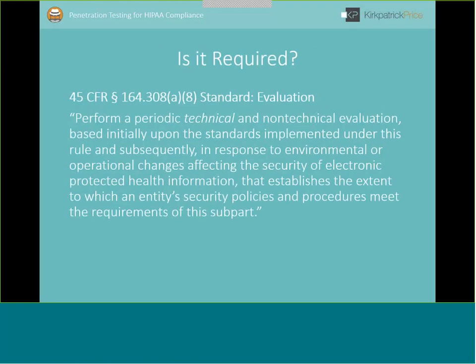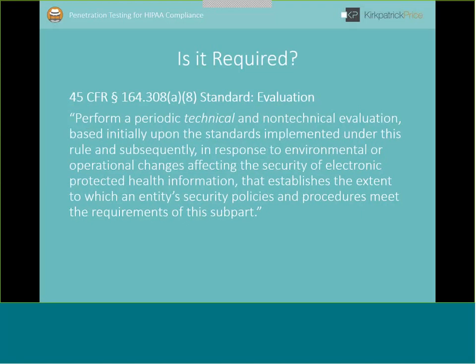So is it required for HIPAA? In the law, if you read through the security rules specifically, it's not explicitly stated that penetration testing must be performed. However, if you look at this excerpt from the standard evaluation section, you can see specifically I italicized technical and non-technical evaluation.